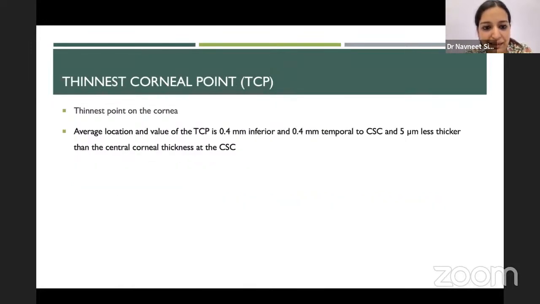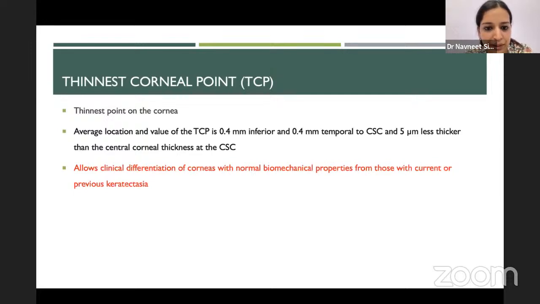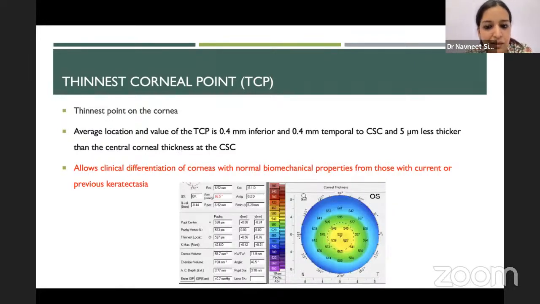And next is the thinnest corneal point. By definition, it is the thinnest point of the cornea. The thinnest corneal point allows clinical differentiation of corneas with normal biomechanical properties from those with current or previous keratectasia. As you can see in this map, the corneal thickness is usually denoted by a clear circle in this quad map.